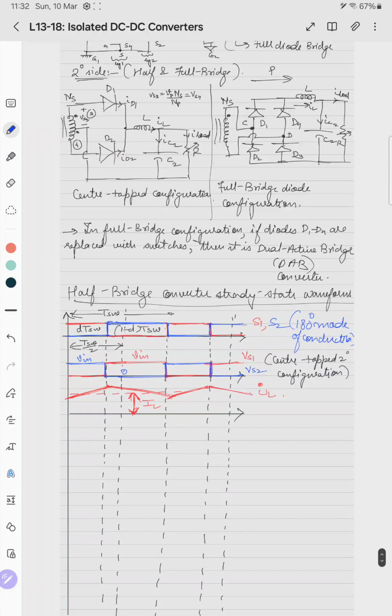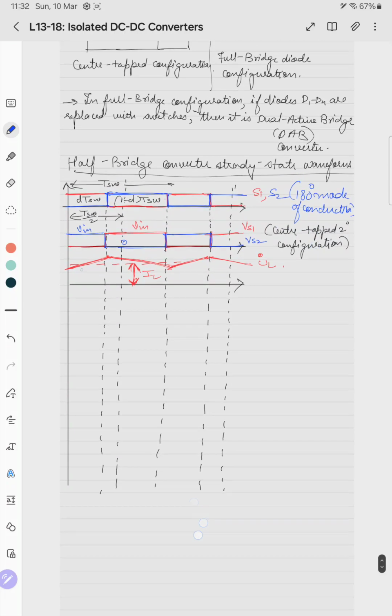And when it is off, the voltage drop across the inductor will be minus V naught, which is a negative value. So it is plus, then minus, then again plus, then again minus. This is VL.